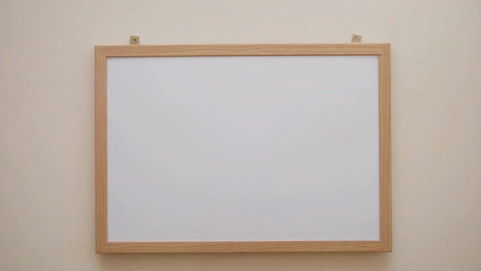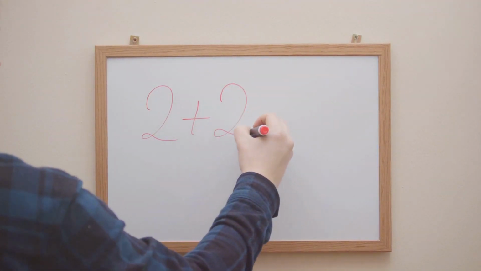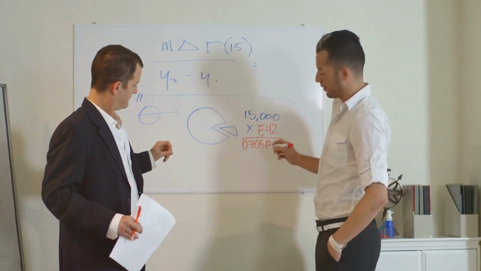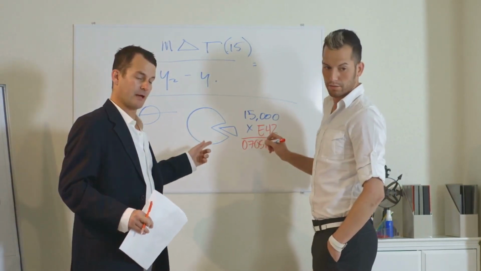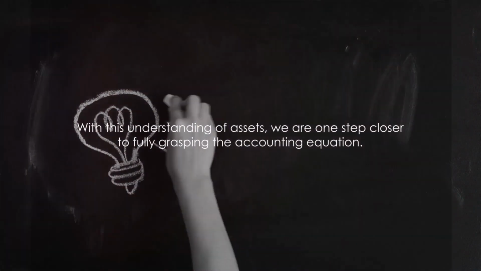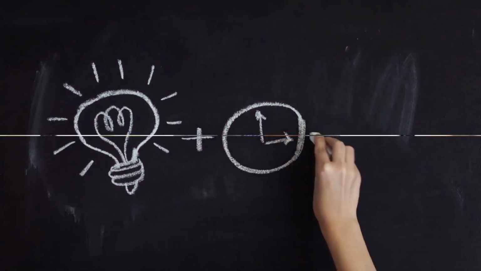By understanding assets, we begin to see how the accounting equation, assets equals liabilities plus owner's equity, comes to life. Assets are the first piece of this puzzle, the starting point of our journey into the heart of accounting. With this understanding of assets, we are one step closer to fully grasping the accounting equation.